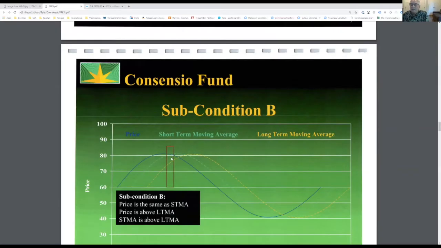This blue line that you can't see, and the price are at the same point at the same time. In the popular vernacular, price is cutting through or crossing the blue line. That is B.